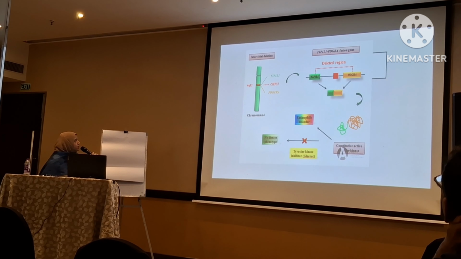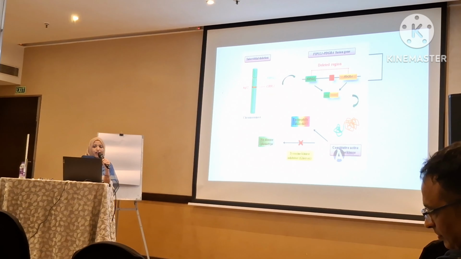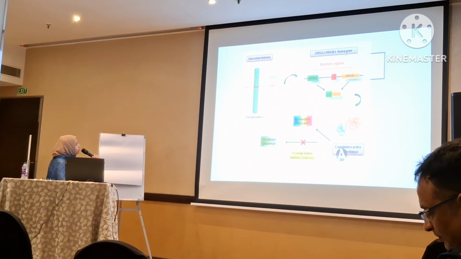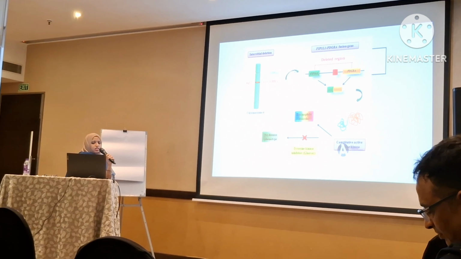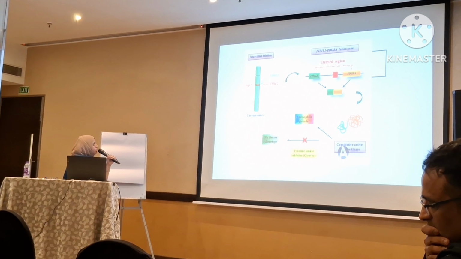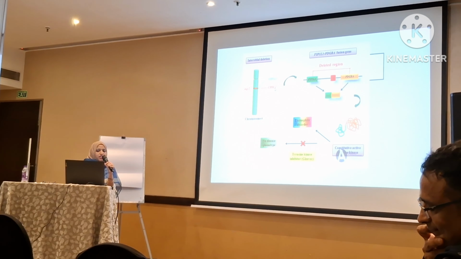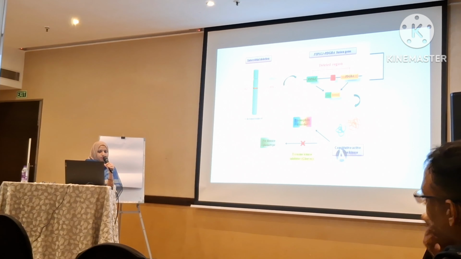So this schematic representation depicts the mechanism of formation of the FIP1L1-PDGFRA fusion gene. PDGFRA and FIP1L1 both are located on the long arm of chromosome 4. In between you can see here the CHIC2 region.